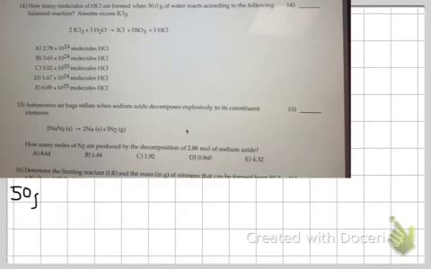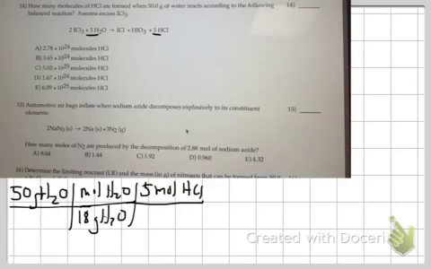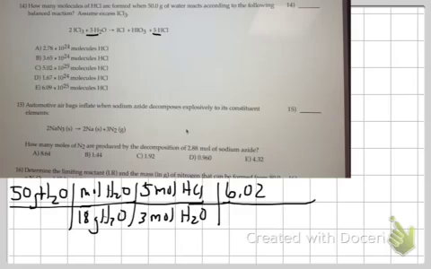Let me just do it. 50 grams H2O, then mole H2O, 18 grams H2O, and then molecules of HCl are formed, so it's a 3 to 5, 5 mole HCl to 3 moles water, and then the next step is 6.02 times 10 to the 23rd molecules per mole HCl.